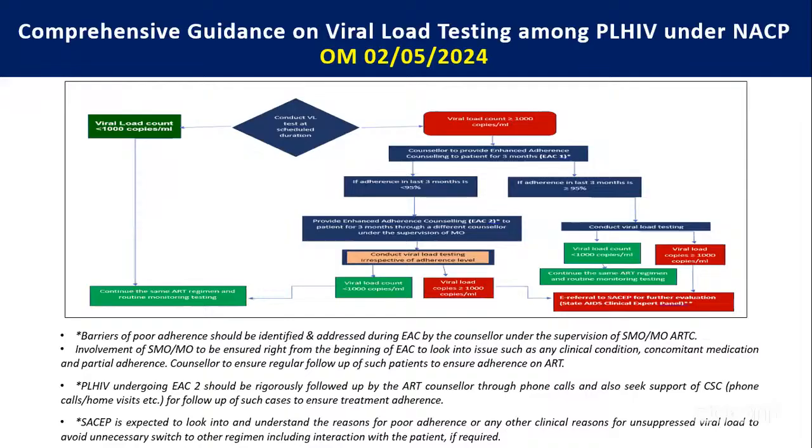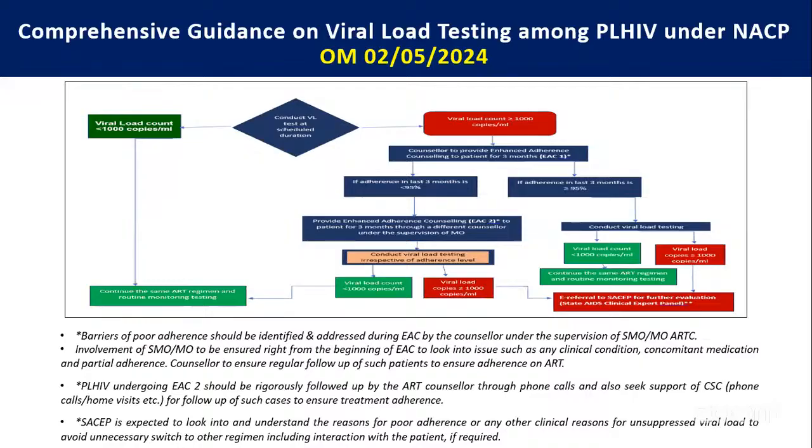Counselors to ensure regular follow-up of such patients to ensure adherence on ART. PLHIV undergoing EAC2 should be rigorously followed up by the ART counselor through phone calls, and also seek support of the CSC either through phone calls or home visits if needed for follow-up of such cases to ensure treatment adherence.